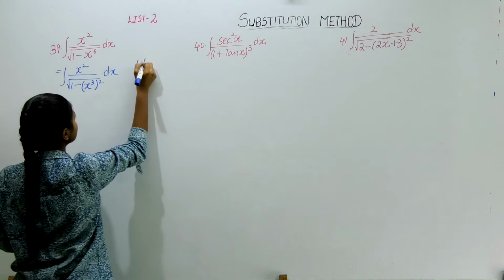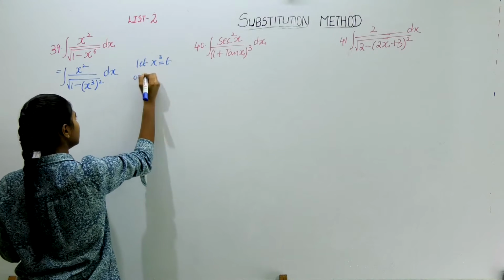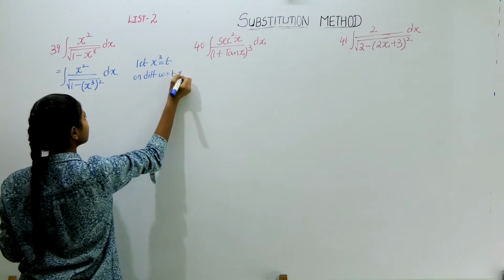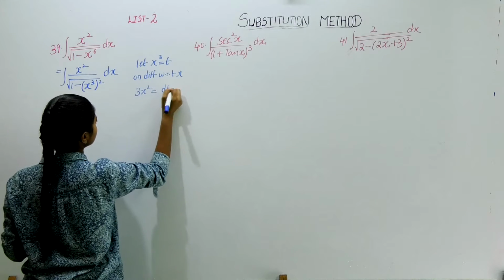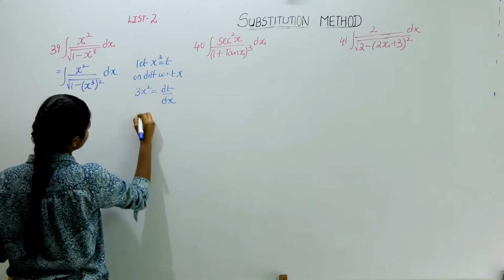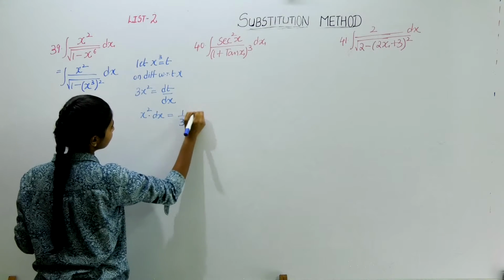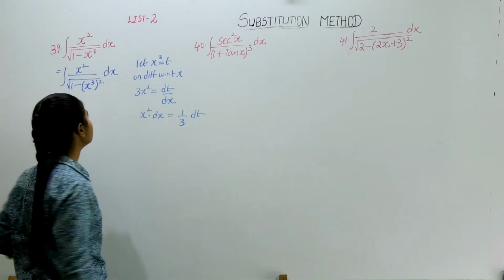Now let us assume x power 3 is equal to t. On differentiating with respect to x on both sides, we get 3x square is equal to dt by dx. In the place of x square dx, we substitute 1 by 3 dt. I have written this 3 in the denominator, it becomes 1 by 3 dt.